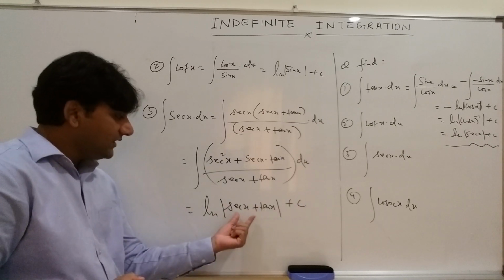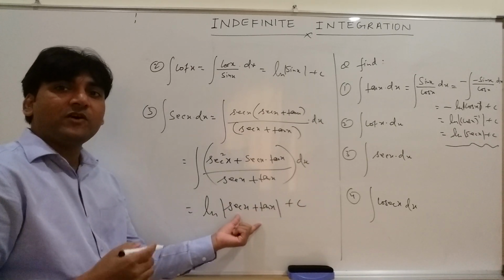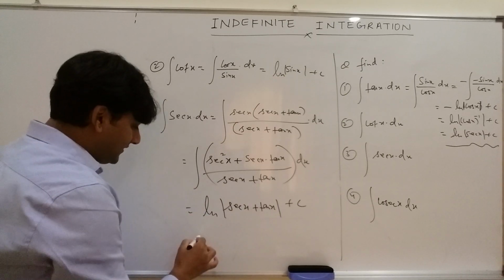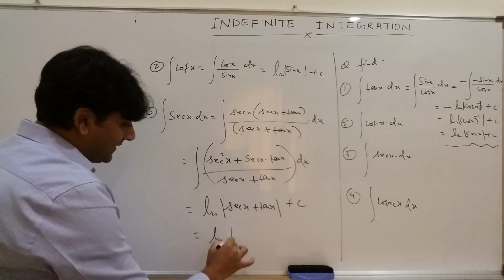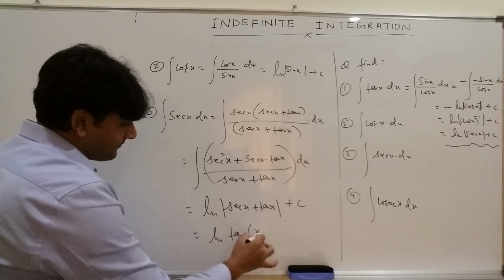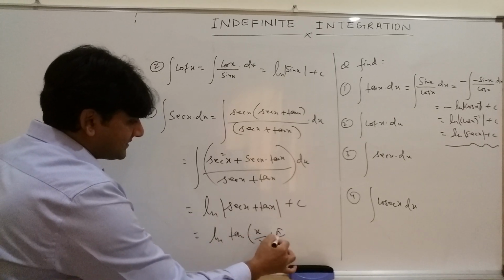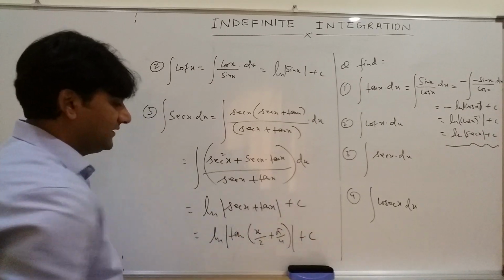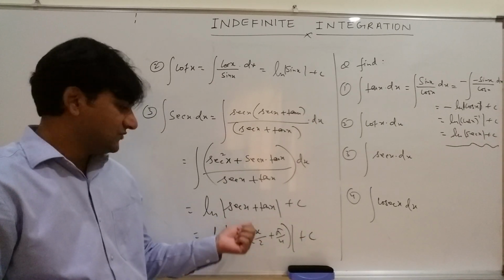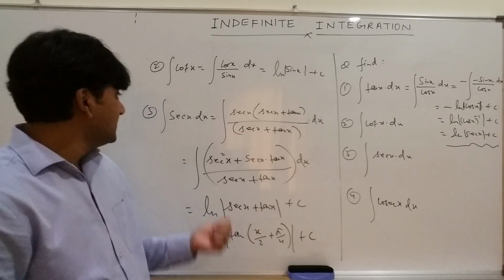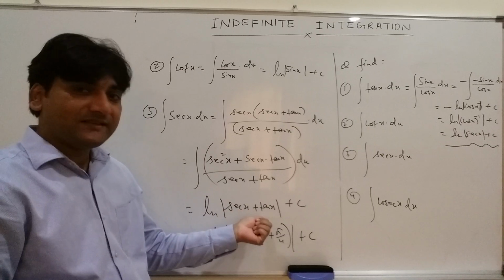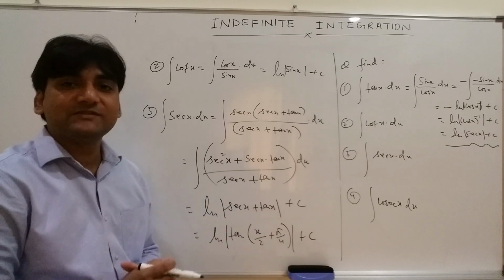Now in this sec x plus tan x, if you apply trigonometry formulas, then you will have ln tan of x by 2 plus pi by 4 plus c. This is your task, I am sure you can do this. So the sec x formula we got is ln sec x plus tan x, or ln tan of x by 2 plus pi by 4.